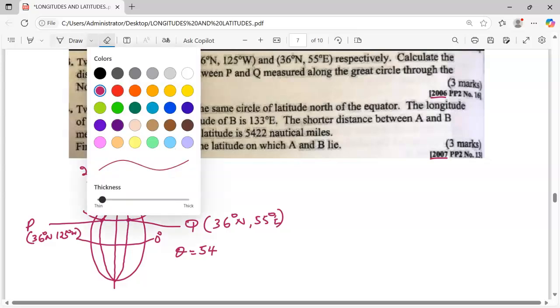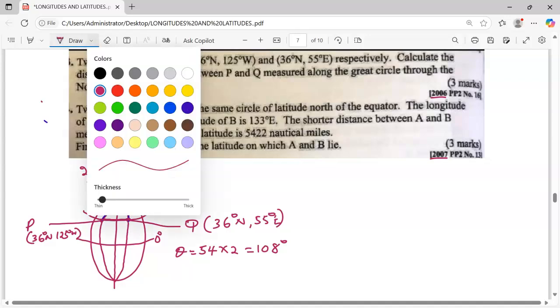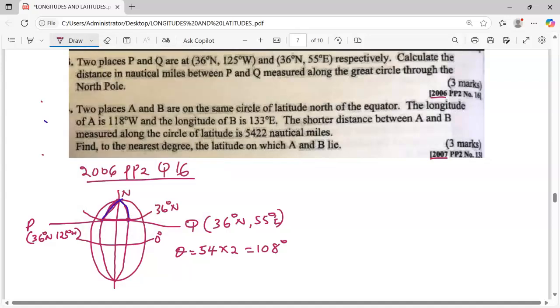Let me use a different ink. We are moving from P to north and from north to a point Q, so we are going to cover a total of 54 degrees times 2, giving us 108 degrees. In that particular case, we are not moving along a small circle, but we are moving along a great circle that is through the north.